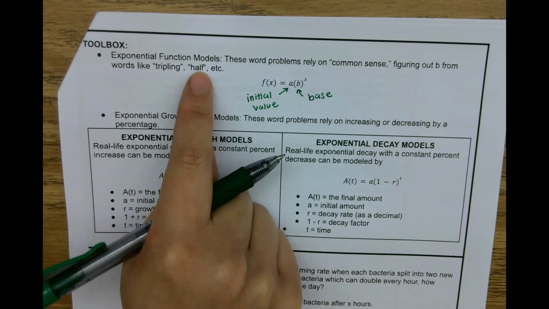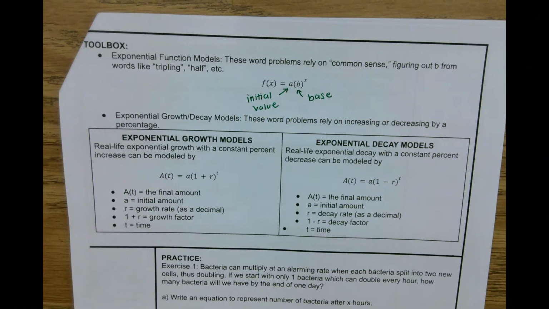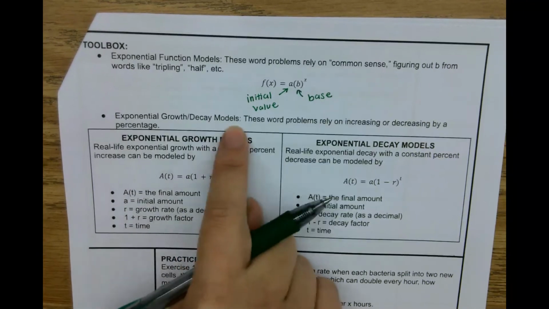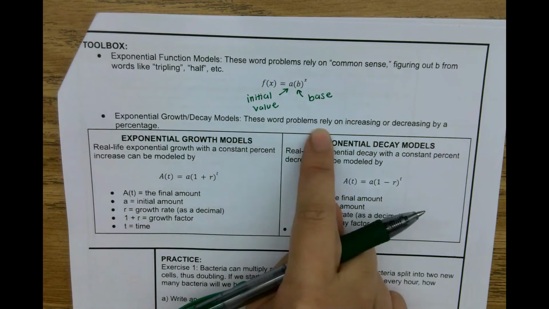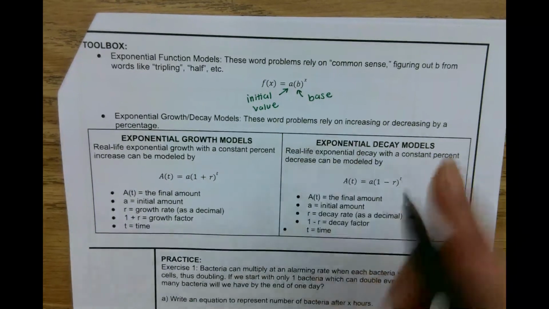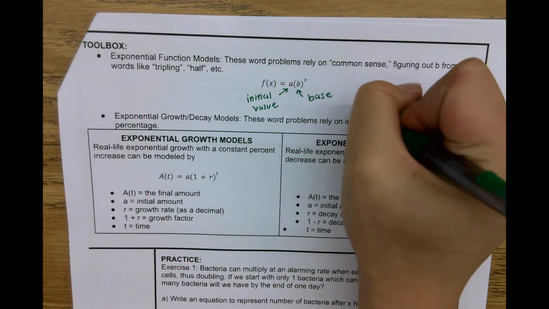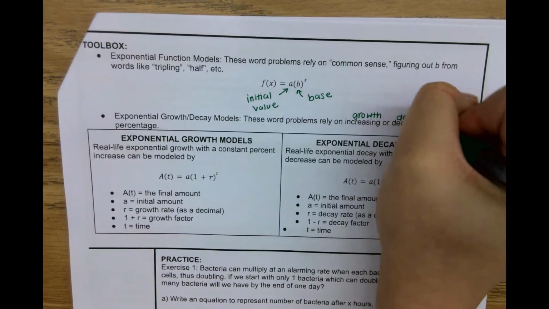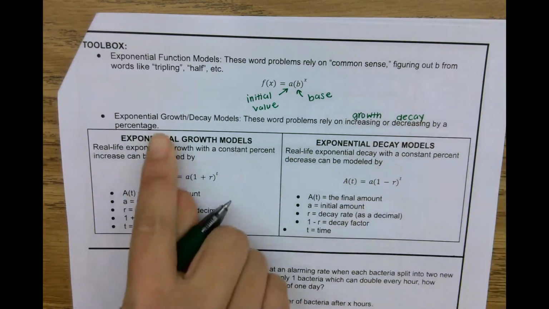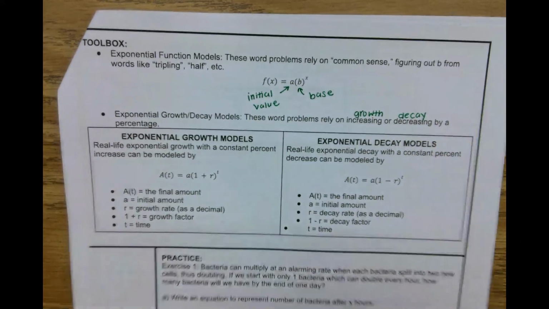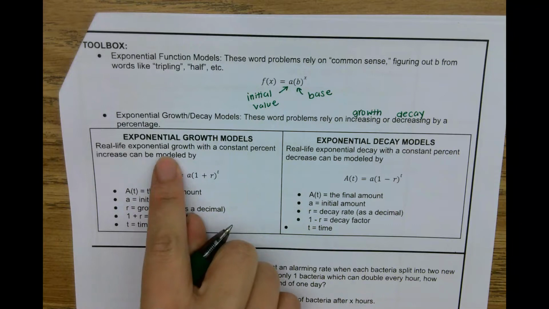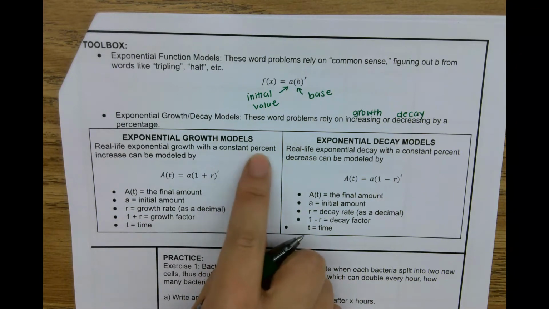The other thing we have is specifically exponential growth or decay models. These word problems rely on increasing, that would be growth, or decreasing, that would be decay, by a certain percentage. Exponential growth models are real-life exponential growth when you have a constant percent increase.